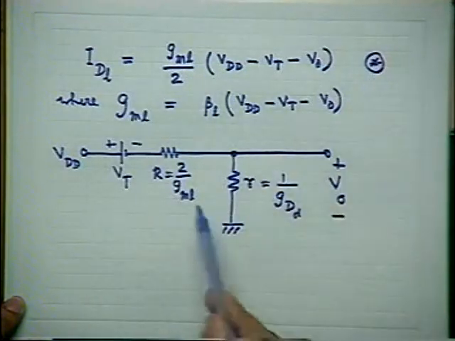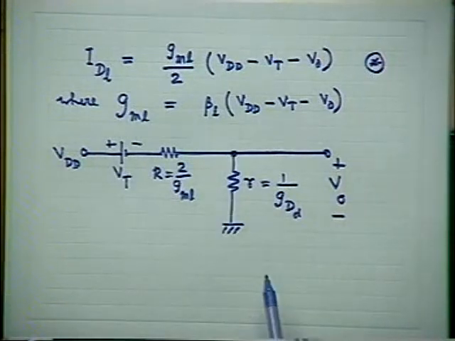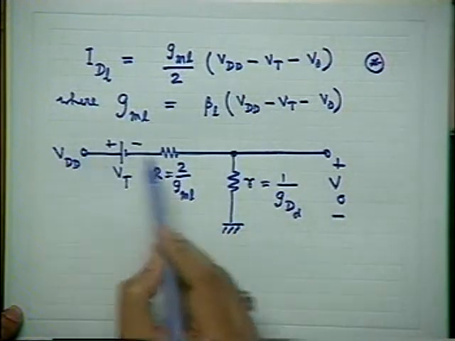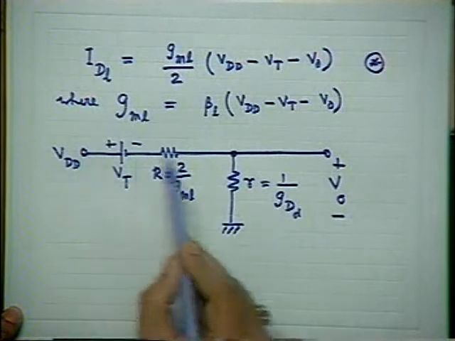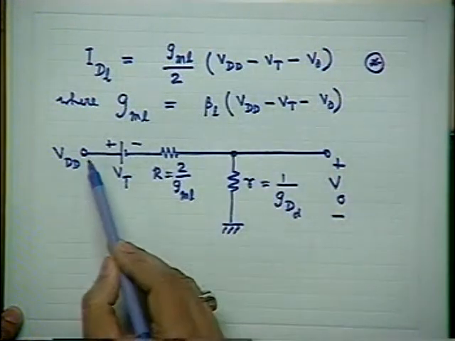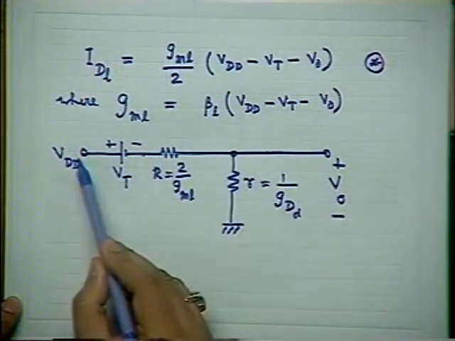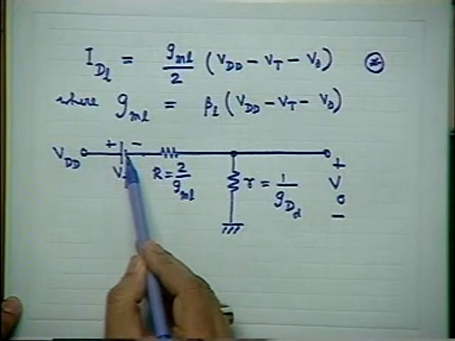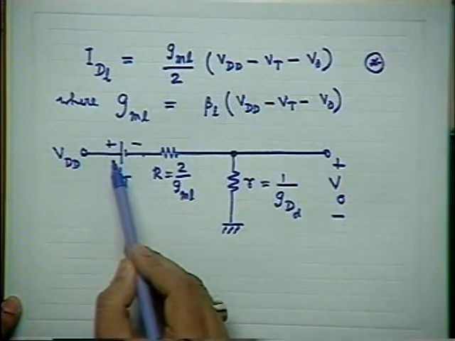You just look at this equation, you get this circuit. Here the voltage is VO, so between these 2 points the voltage is VDD minus VO. And between these 2 points the voltage therefore is VDD minus VO minus VT, because we have put a potential source here.